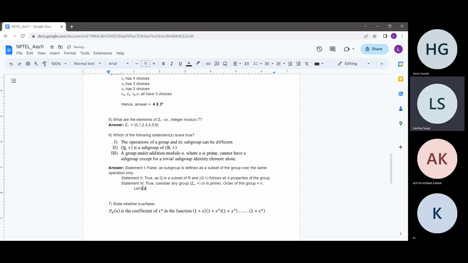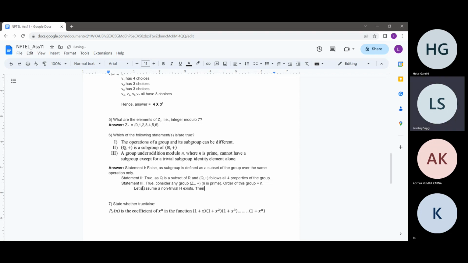This is something like proof by contradiction. Let's assume a non-trivial subgroup. A non-trivial subgroup is something which does not contain just the identity element or exactly the group itself. So Zn comma plus is also a subgroup of Zn comma plus, but that is also a trivial subgroup. So let's assume a non-trivial subgroup H exists, right?